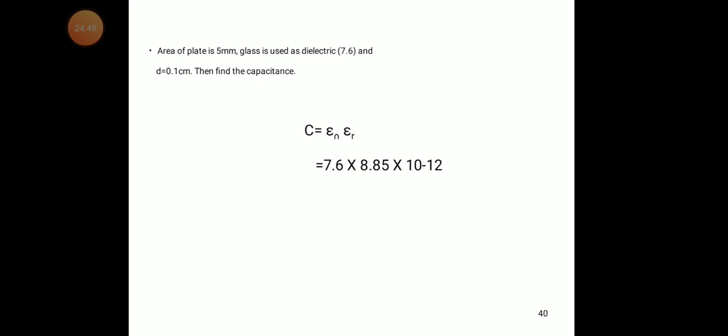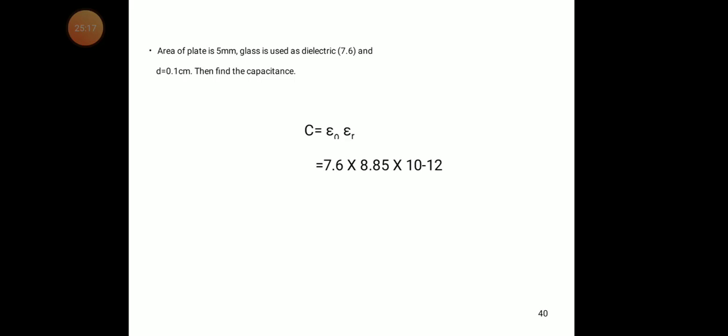So you can say the area of the plate is 5 millimeters, glass is used as dielectric with 7.6, and the distance is 0.1 centimeter. Then find the capacitance. You can see one example. Area of the plate is given. Glass is used as dielectric, 7.6 is given, and the distance is given as 0.1 centimeter.